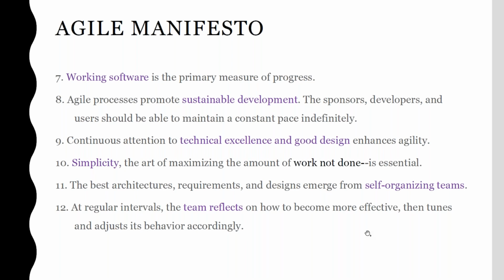Okay, fine, guys. Next in the Agile manifesto, the other principle is working software. Working software is the primary measure of your progress. When the sprint has been completed, whatever user stories you committed, you deliver small chunks of software to the client, and that should work.